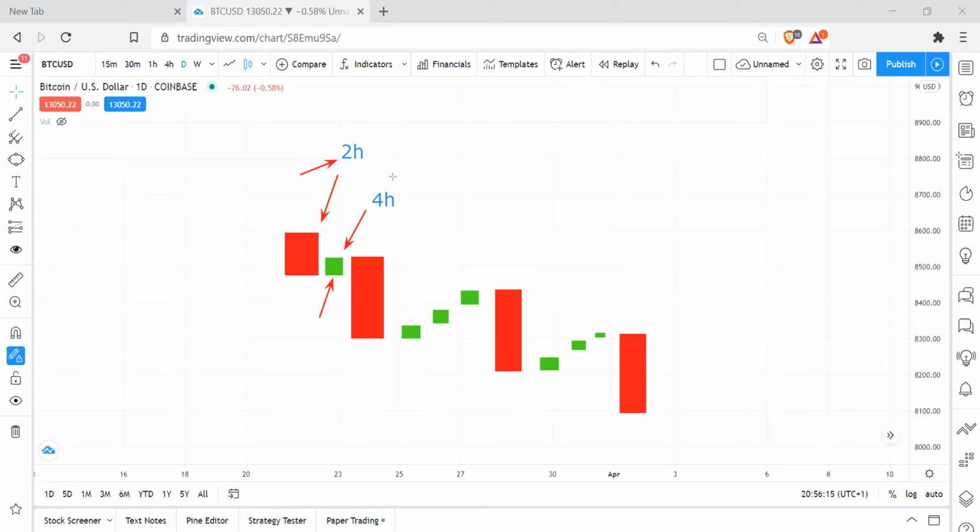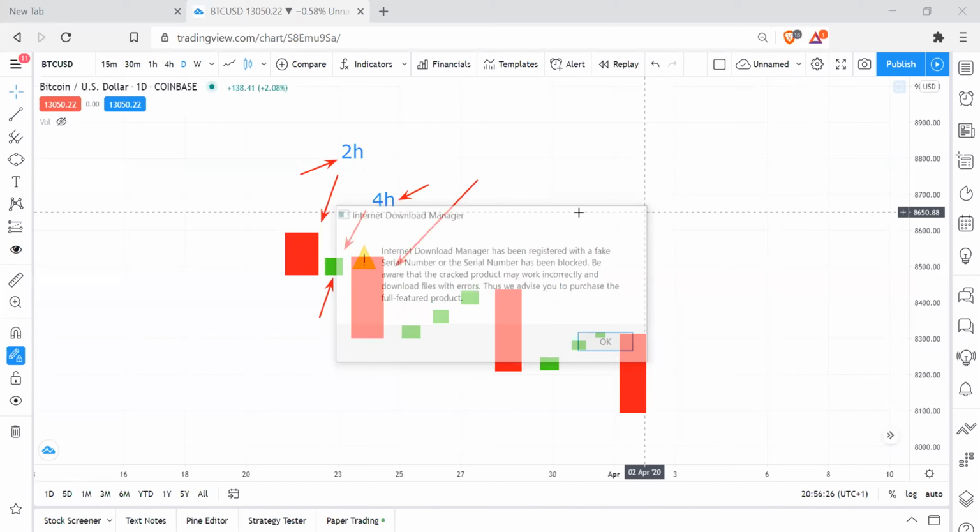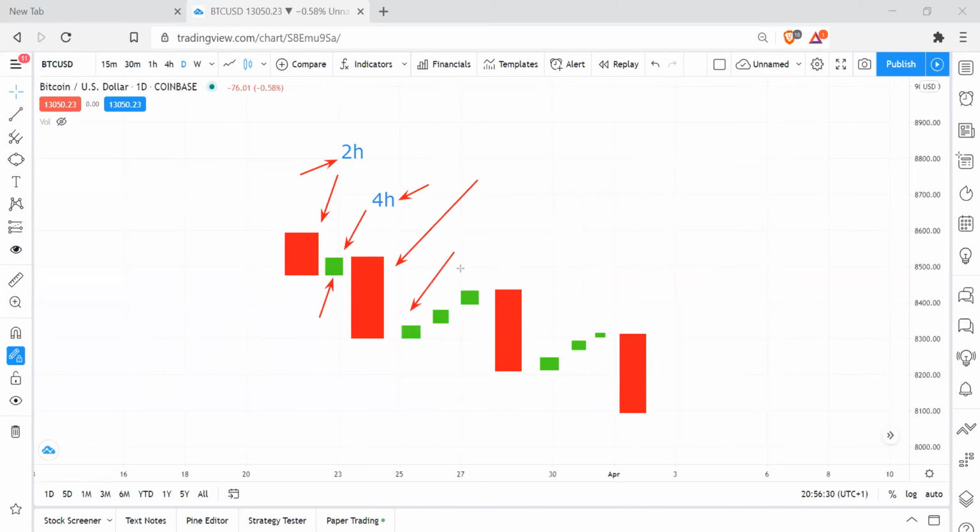And then this one closes at the next 2 hours, which will be the 4th hour of the day, 4 o'clock. Then this will be formed and closed by 6 o'clock. The next one, 8 o'clock, 10 o'clock, 12 o'clock, 2 in the afternoon now, 1400 hours.